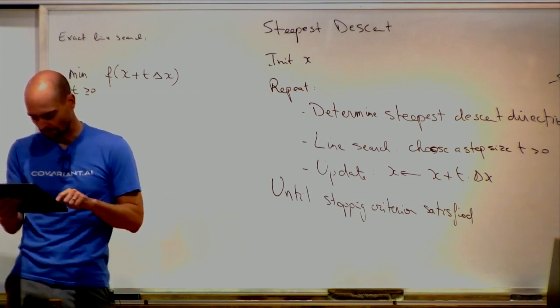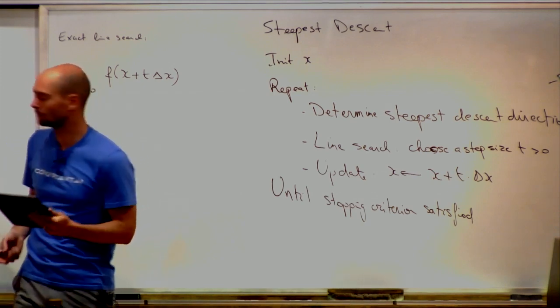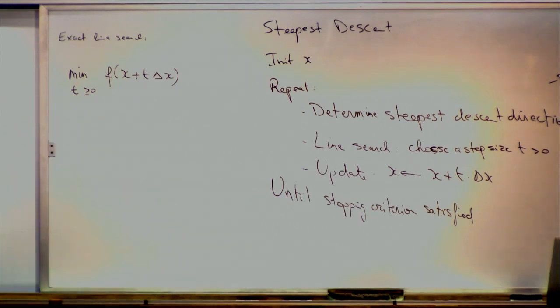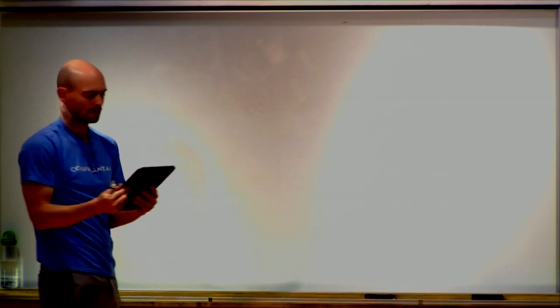In practice, people do something a little different most of the time, because this is not possible to do exactly. They do something called backtracking line search. So let's take a look at that. Backtracking line search.